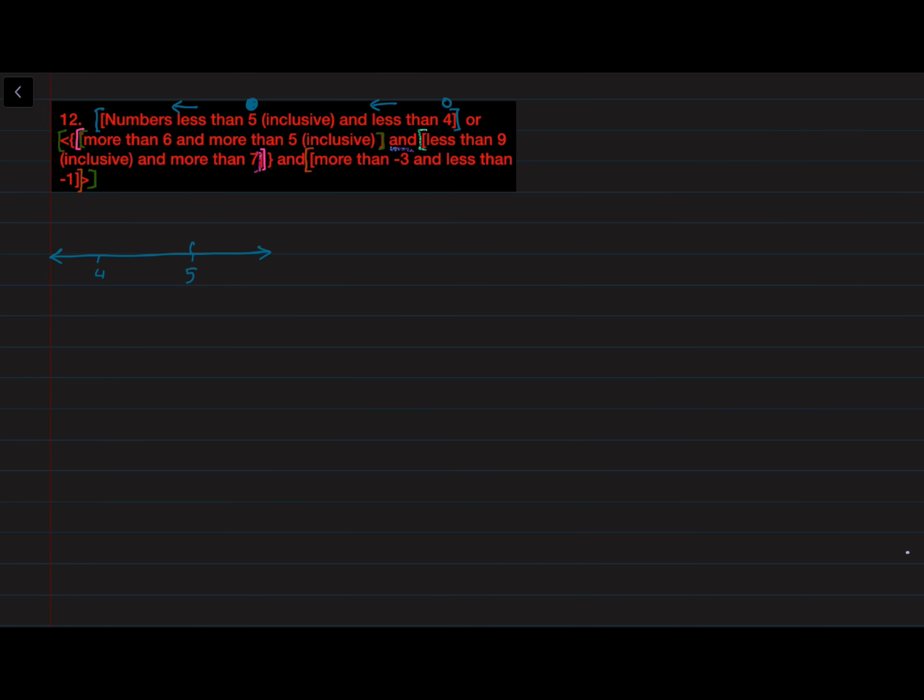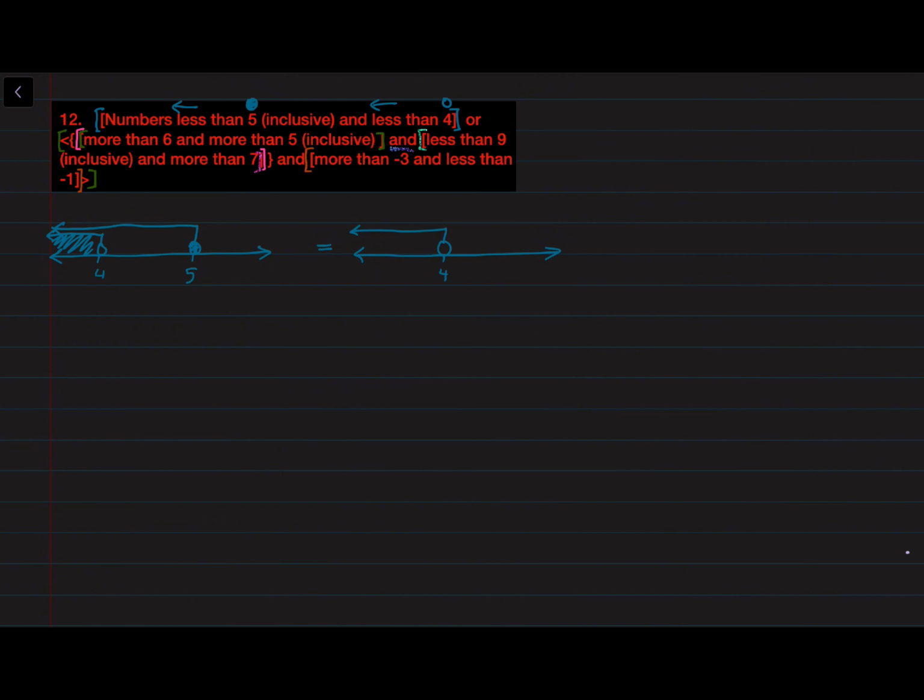And we're looking for numbers that are less than 5 and they're less than 4. Like this. It's an AND operator, so we're looking at this region. So overall, we have this interval with 4, and 4 is excluded, and we're looking for numbers that are less than 4.